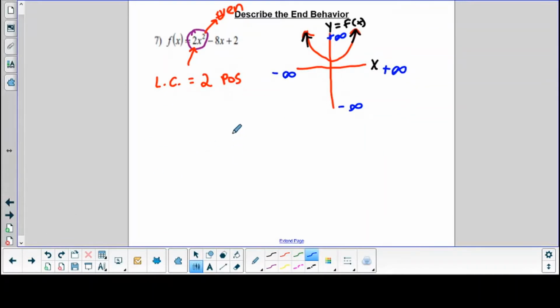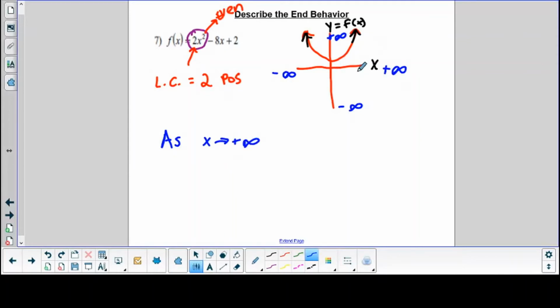Okay. So here's what your homework wants. It wants to know what happens at each end of the graph. Your homework is going to be written a little different than I'm writing it here, but we'll take care of that at the end. So as, let's start with our x's, as x approaches positive infinity.